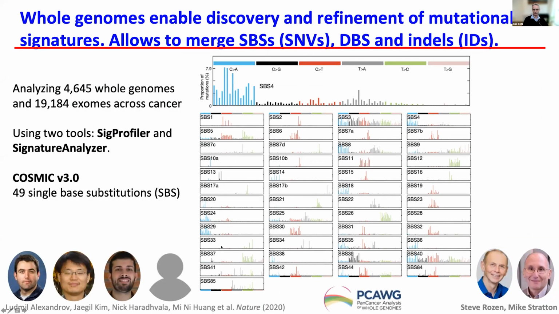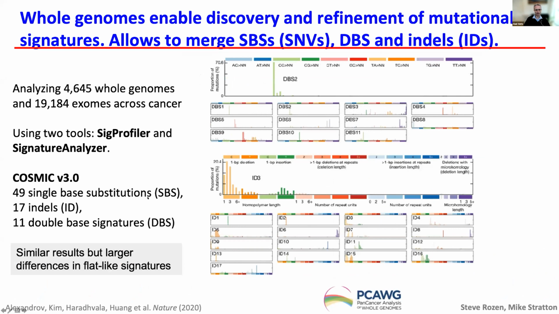Then we joined, as part of the Pan-Cancer Analysis of Whole Genomes, forces with Mike Stratton, Steve Rozen, Ludmil, Jaegil and Nika from my lab. And I'm sorry, I don't have a photo of Mimi Wang from Steve Rozen's lab. We analyzed all the whole genomes and exomes that were available at that time with both SigProfiler and SignatureAnalyzer, and we found 49 signatures of single base substitutions, 17 indel-related signatures and 11 double base signatures.